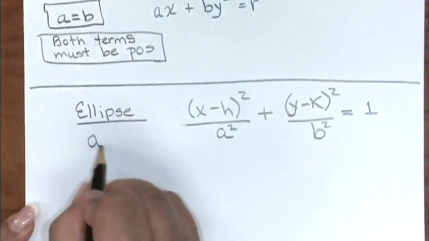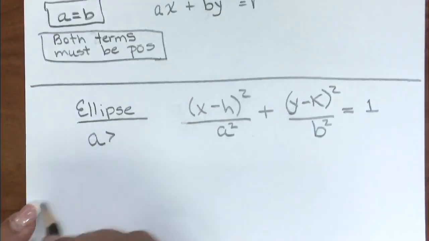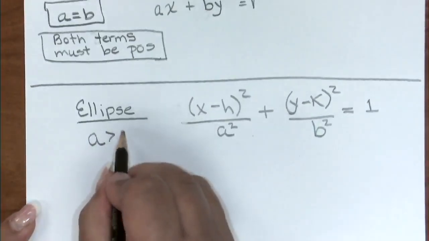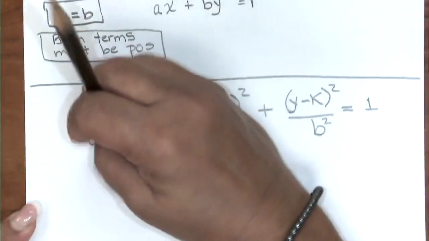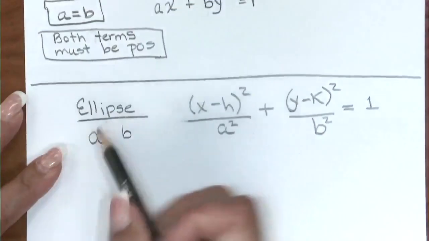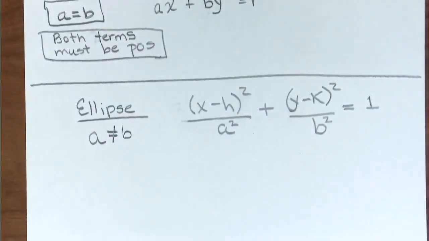Here the A is not either A is greater than B. I guess I should say that it could either be A is greater than B or B is greater than A. Let's just say they're not equal. That'll cover both cases. That's what it looks like.